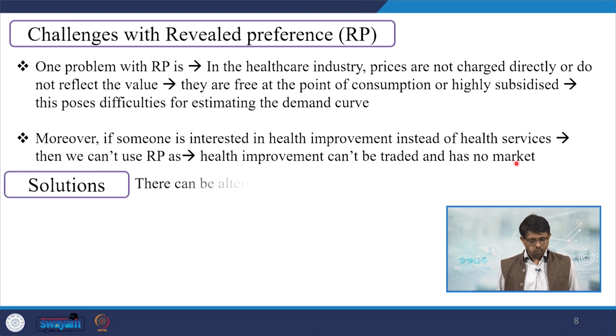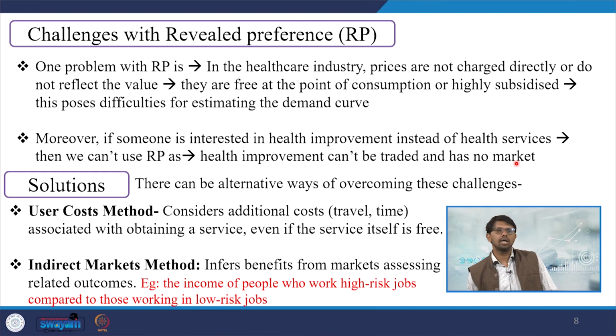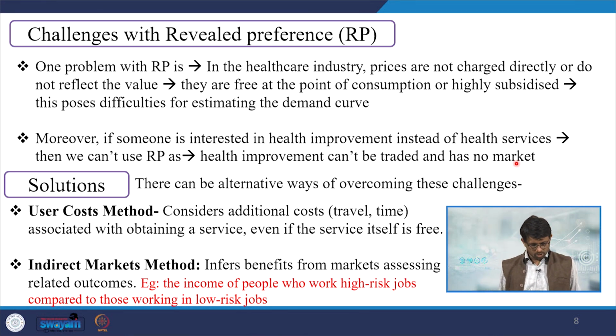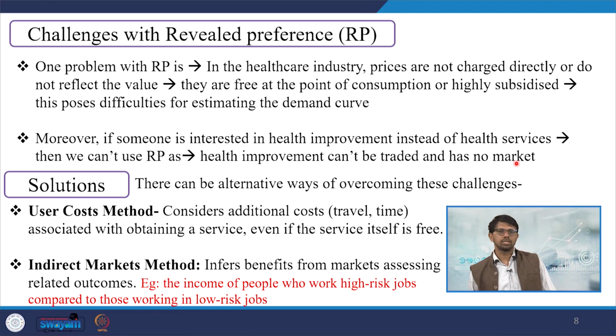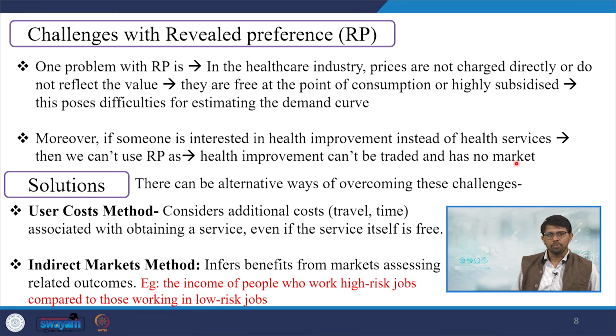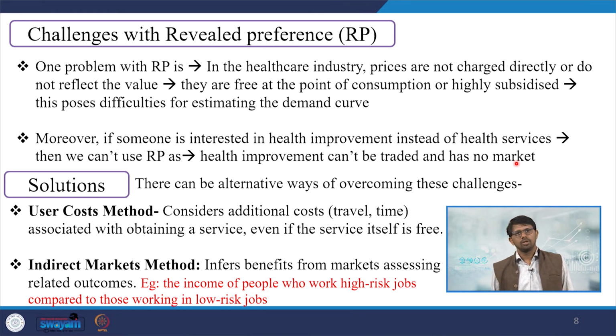Okay, and in that case, what are the solutions? There are two options at this moment, either the user cost method or the indirect market method. We need to consider the additional costs, such as travel time or the time required for consultation, associated with obtaining that particular service, even if the service itself is free, because the other costs are directly borne by the individual.